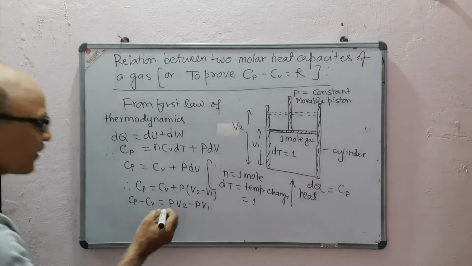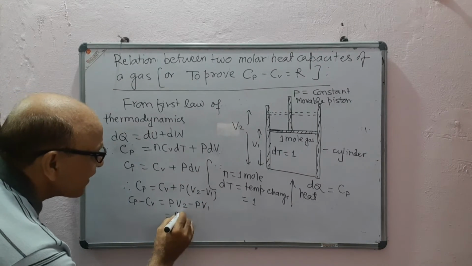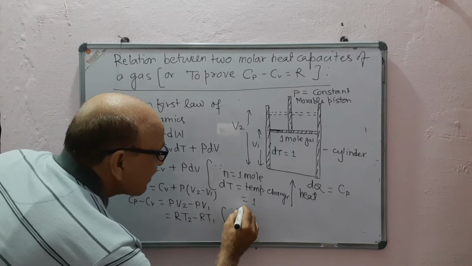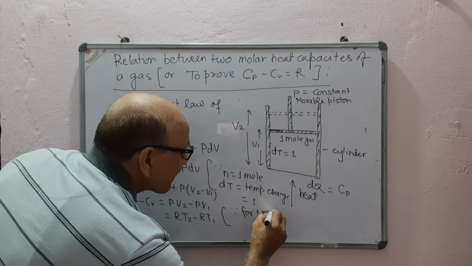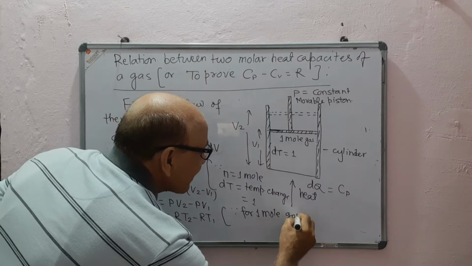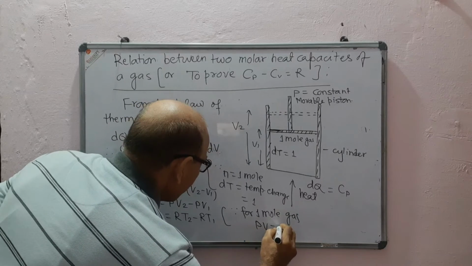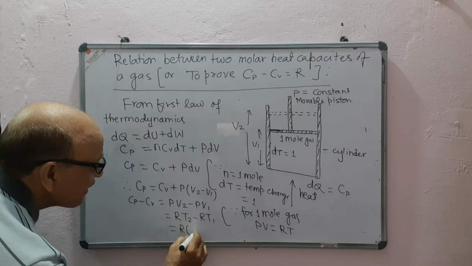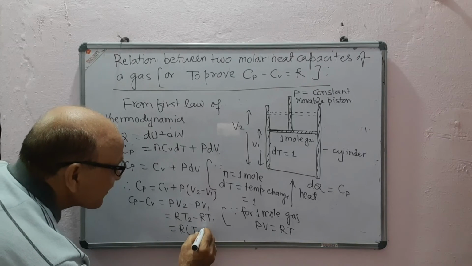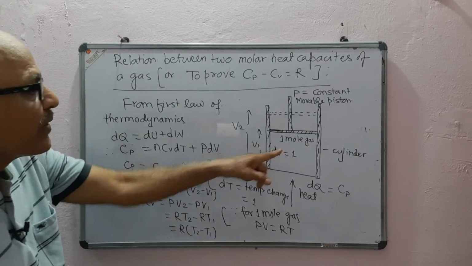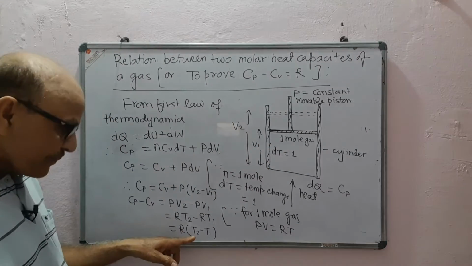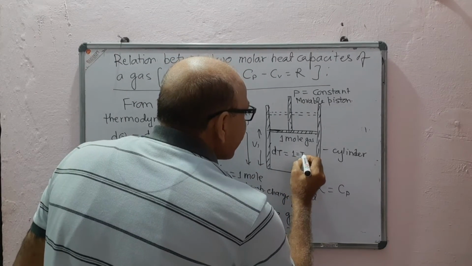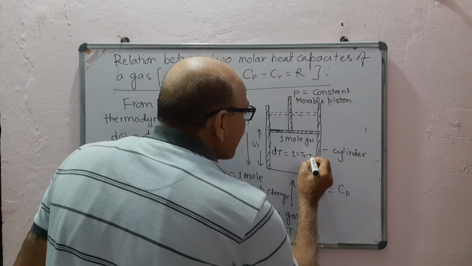Therefore, it can be written as RT2 minus RT1, because for 1 mole gas PV is equal to RT, and when you take R common, we get R times T2 minus T1, and T2 minus T1 is dT, the temperature change.